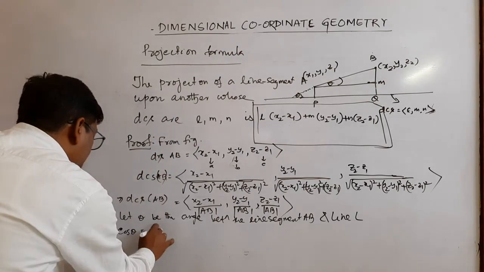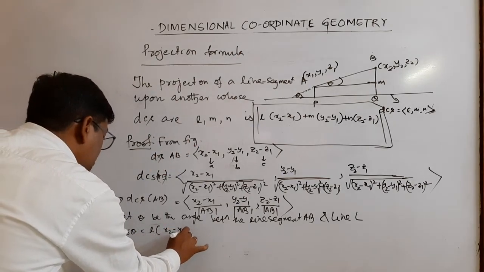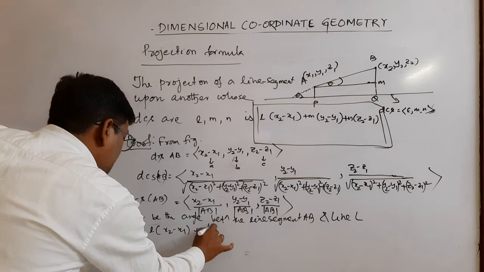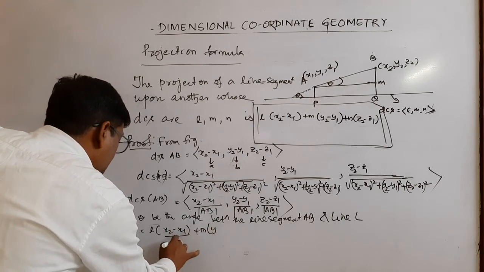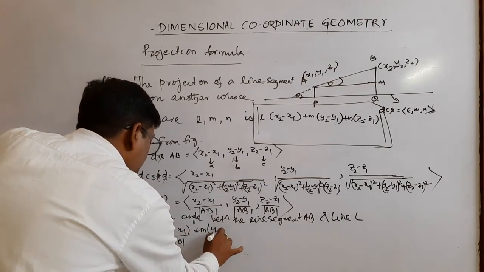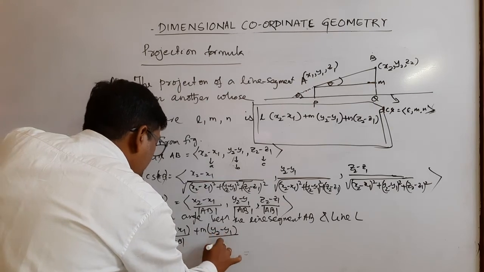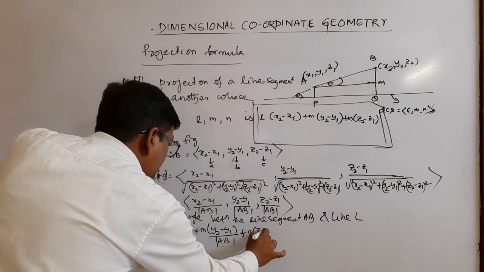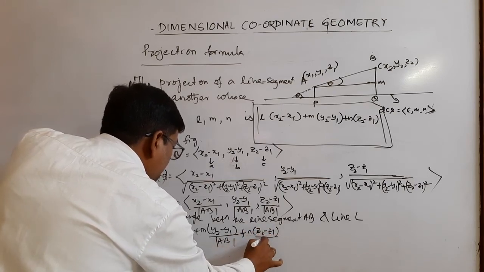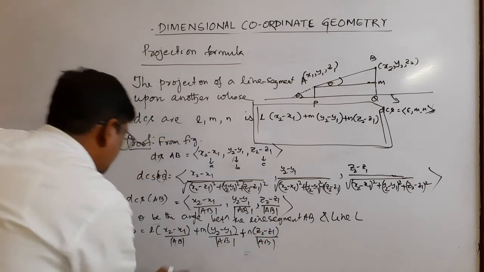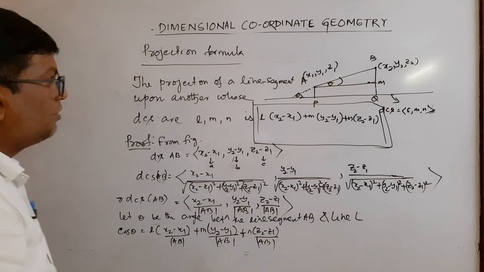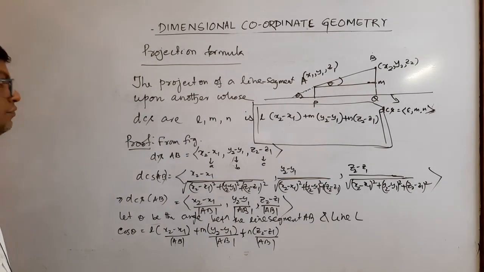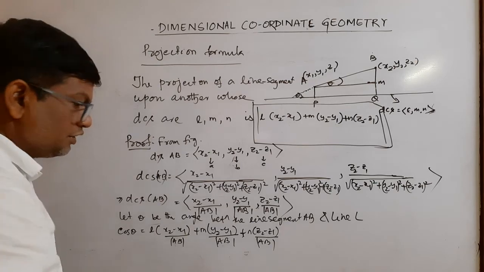The DCs of the line are l, m, n. So l into x2 minus x1 divided by distance of AB, plus m into y2 minus y1 divided by AB distance, plus n into z2 minus z1 divided by AB distance. So AB distance is common here.